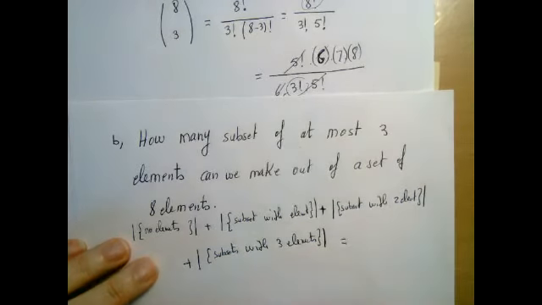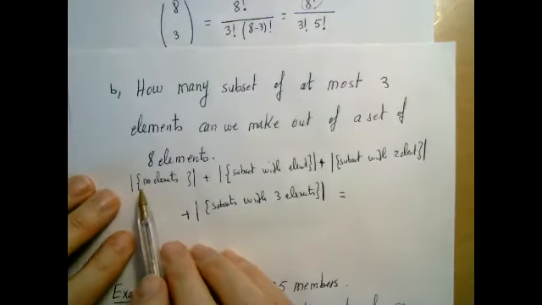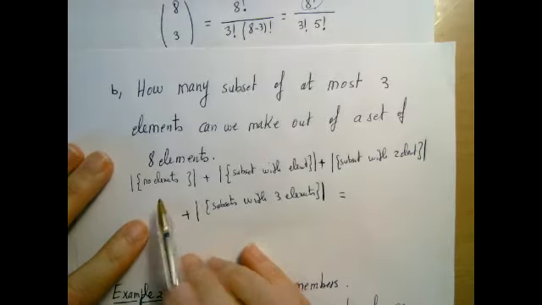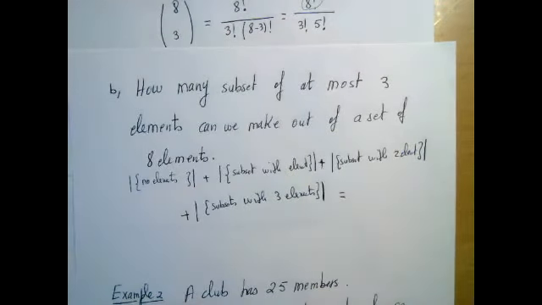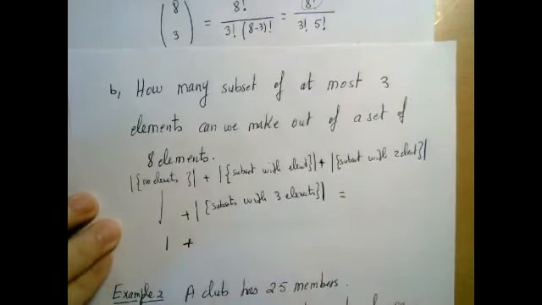Let us figure out each one of them. How many subsets have 0 elements? 1, that's the empty set.